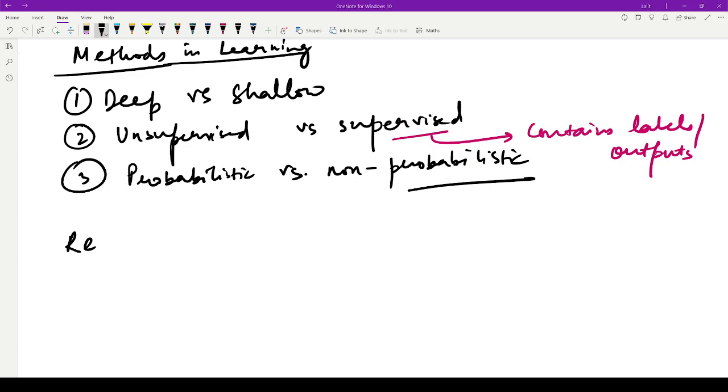Okay. There is another classification which doesn't really fit into this. Can anyone guess? It is reinforcement learning. What is reinforcement learning?